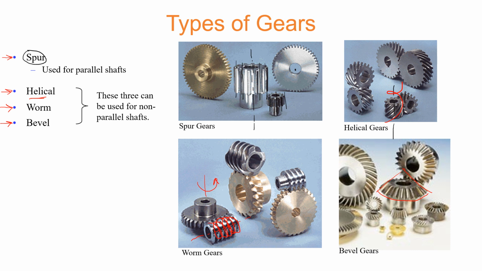And generally what happens is that the following three, the helical, worm, and bevel gears are used when we don't have parallel shafts. When you have non-parallel shafts, you can use these options.